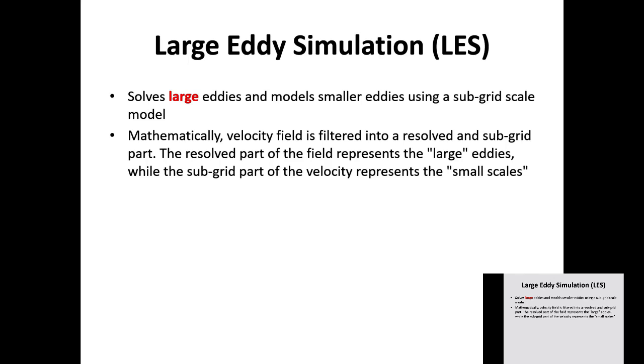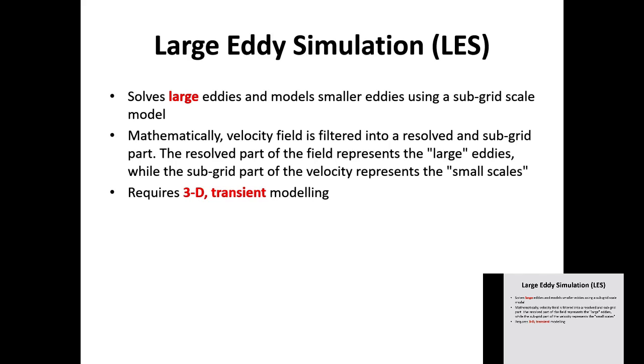Okay. So mathematically, the velocity field is filtered into a resolved and a subgrid part. The larger eddies are called the large eddies compared to the grid scale, and the subgrid part of the velocity is called small scales.